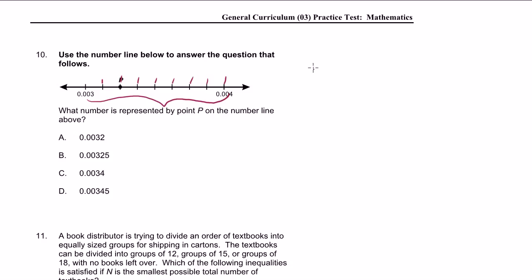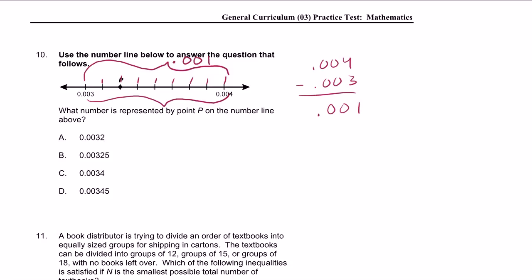Well, the distance we go is 0.004 minus 0.003, which is just 0.001. So this whole distance right there is 0.001. And so each of these are an eighth of 0.001.